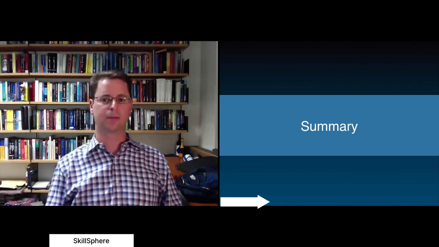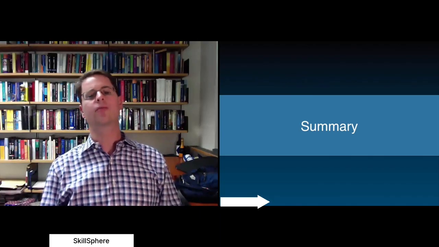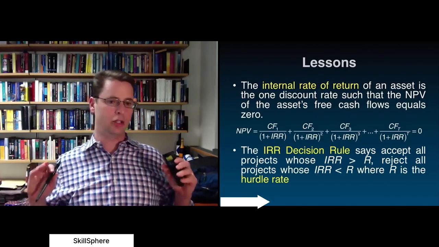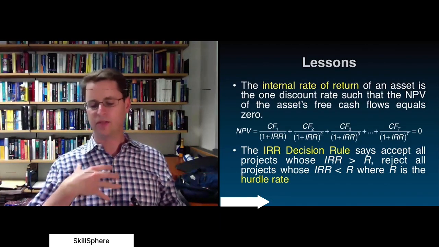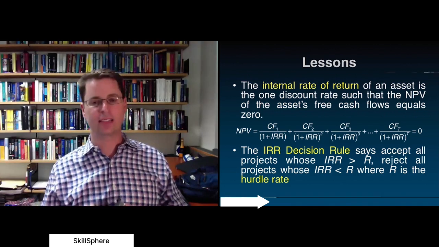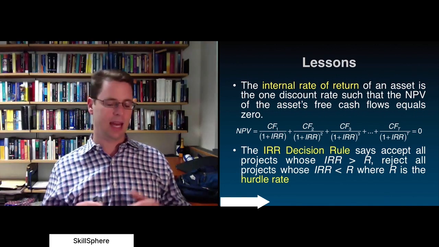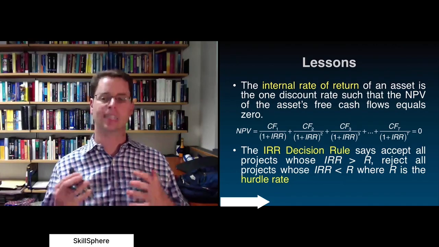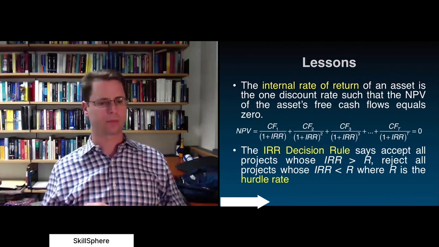What are the lessons here? Look, internal rate of return is useful. It's a way to convey the attractiveness of a project or an investment in a manner that investors get returns. Okay.